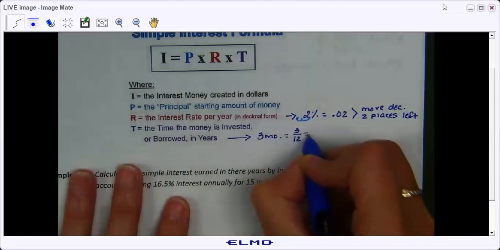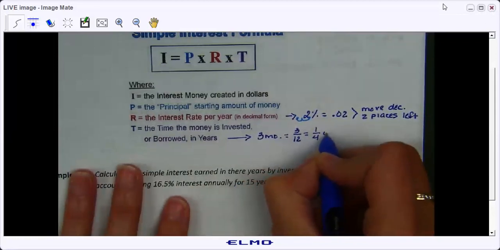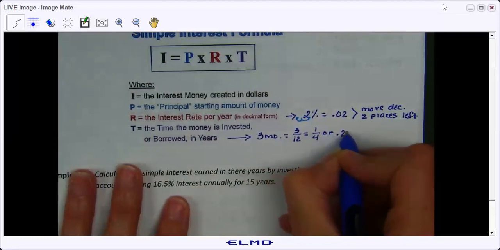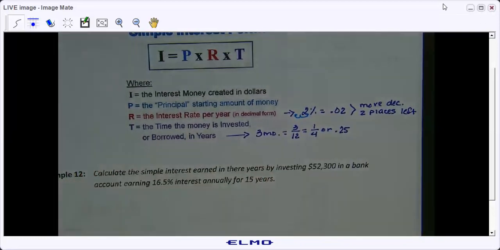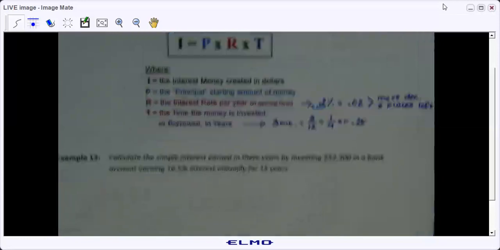And you can reduce that to 1/4 or 0.25. Okay. So if you're given months, you divide it by 12. If you're given years, you leave it alone. Okay. So there's just 2 things I want you to be careful of before you do all of your interest rate problems.